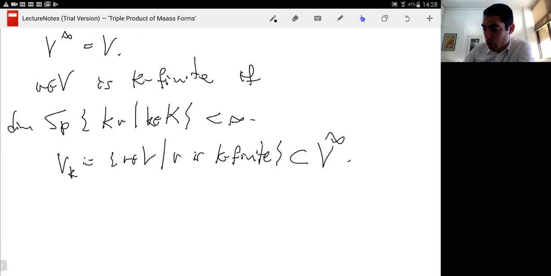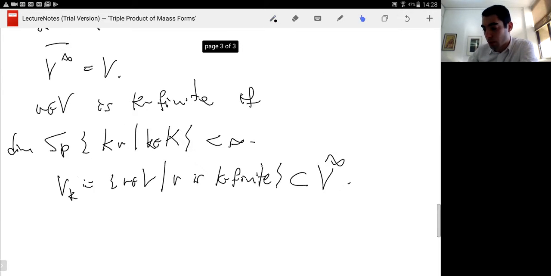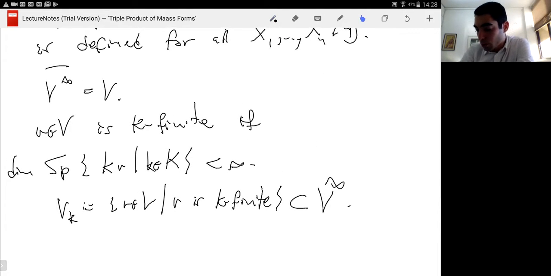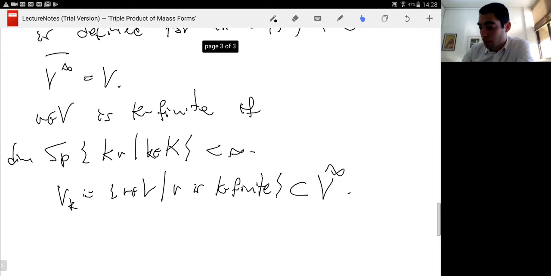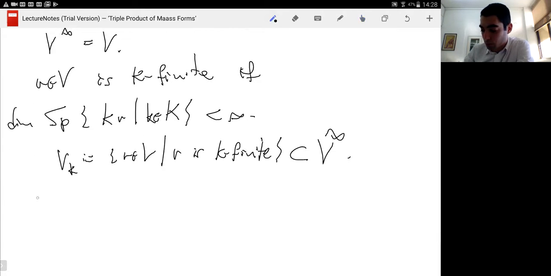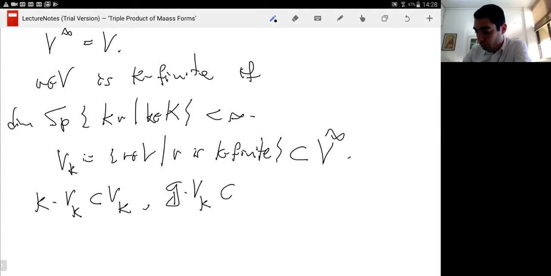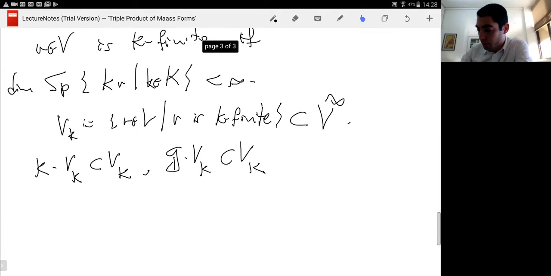So let's see what good properties V_K has. So it's clear that V_K is K invariant. One can check that V_K is g invariant. And lastly, V_K, I claim, is a countable algebraic direct sum.